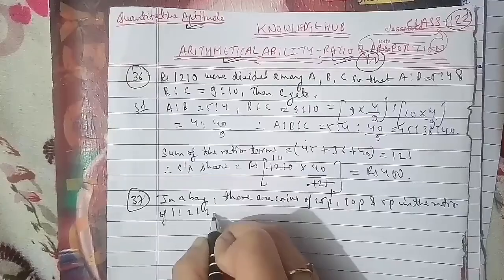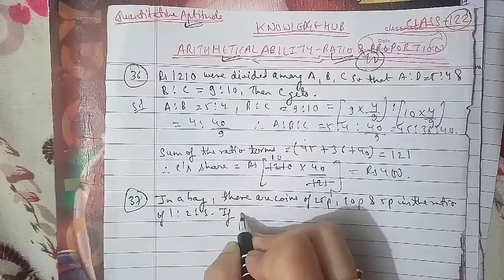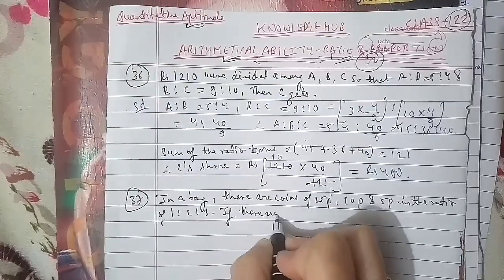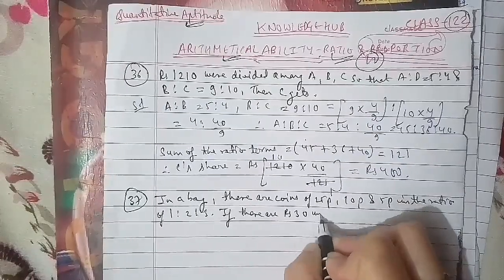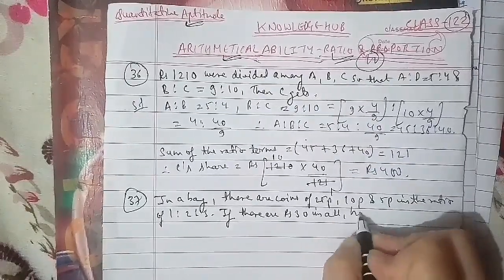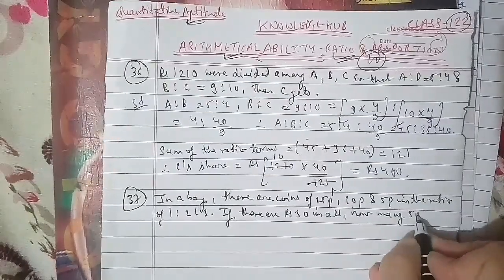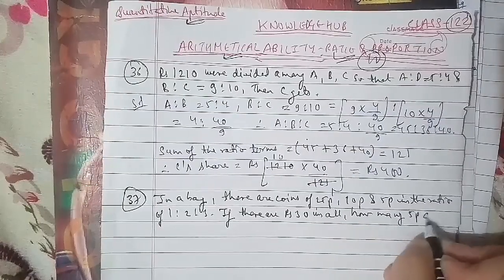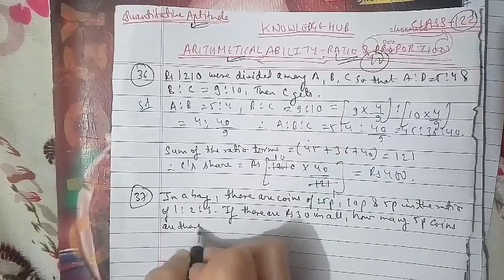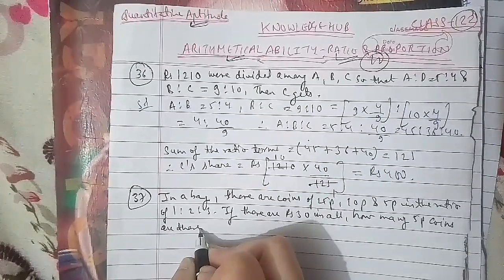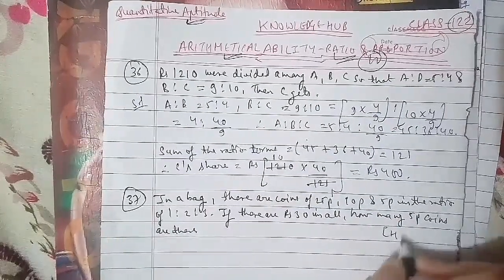If there are rupees 30 in all, how many 5 paisa coins are there? This was asked in your hotel management question paper. The options we have are 50, 100, 150 and 200. So we go for the same here.